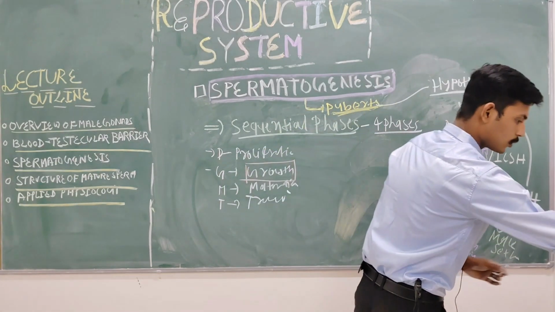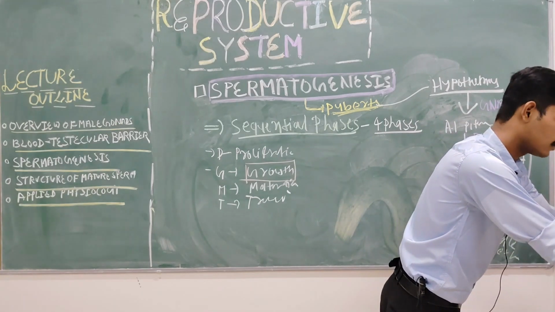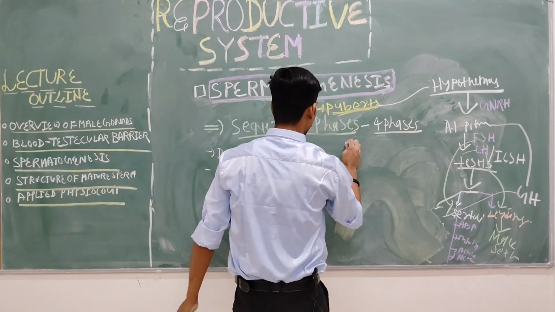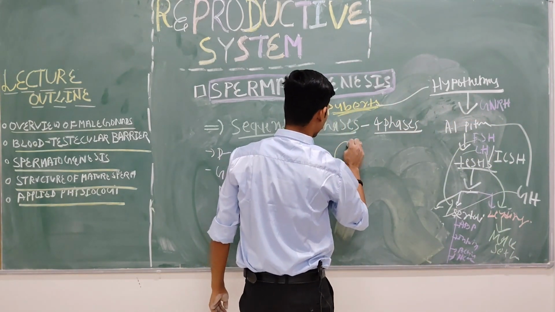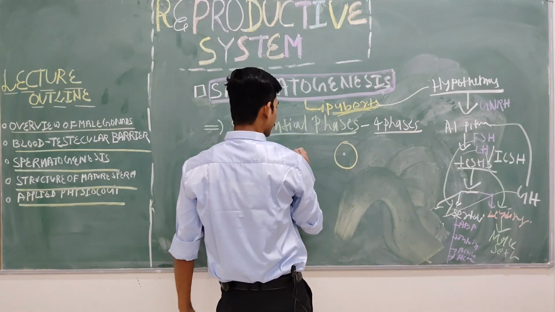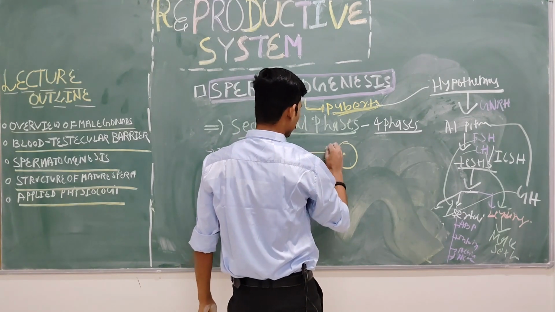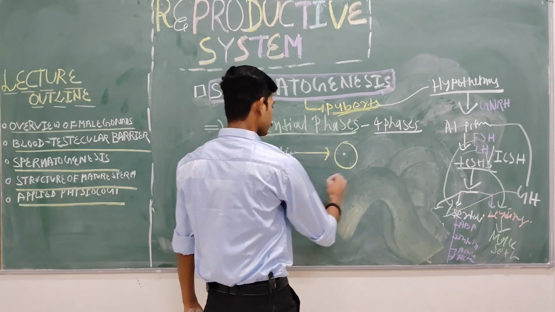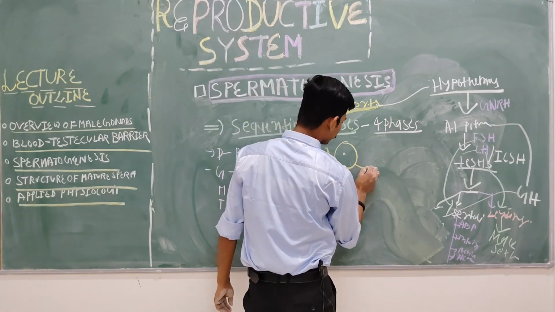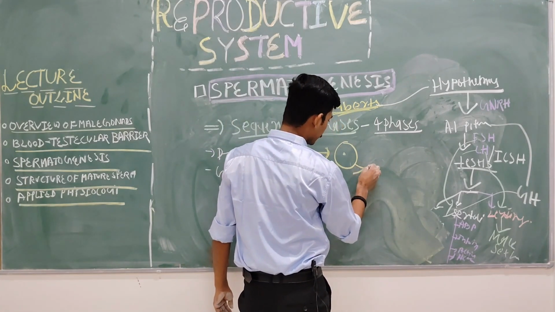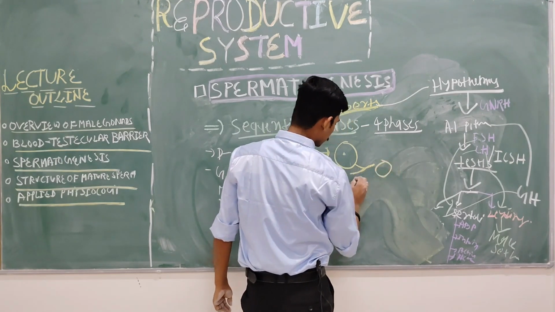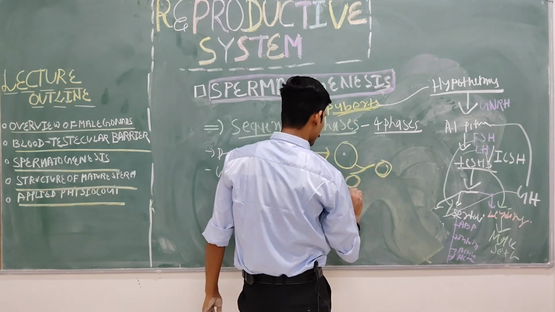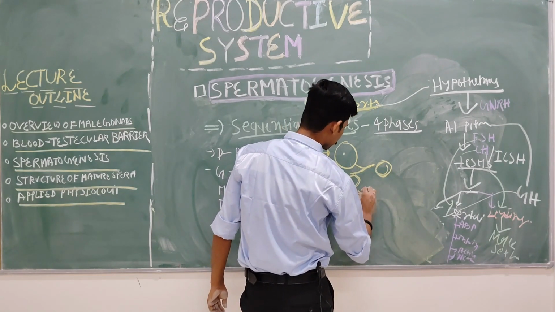I am taking one cell, one spermatogonium. This is one spermatogonium, and this is the first phase. In the first phase, this spermatogonium divides into two cells.